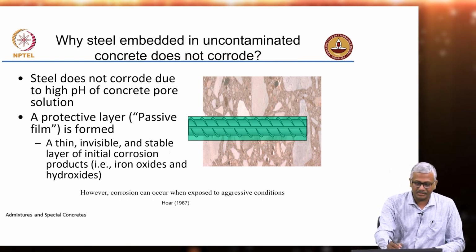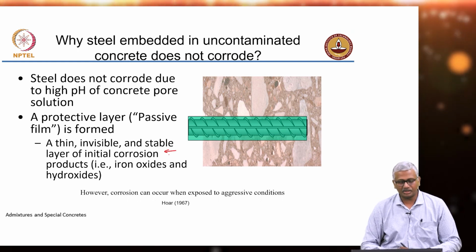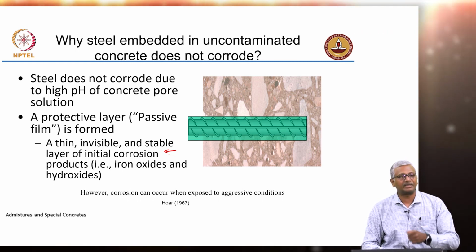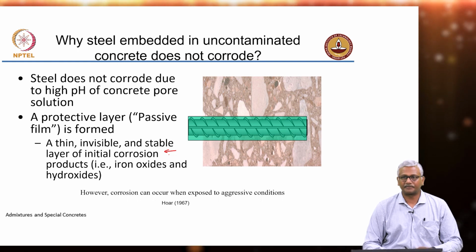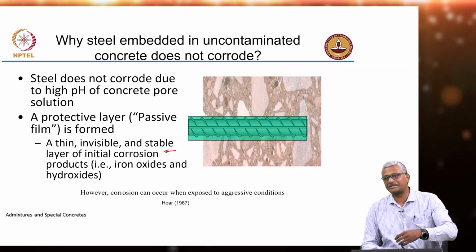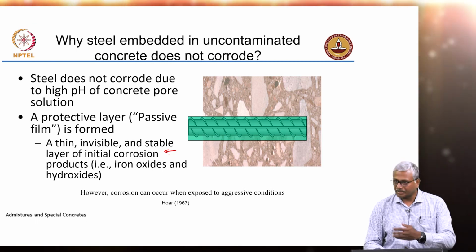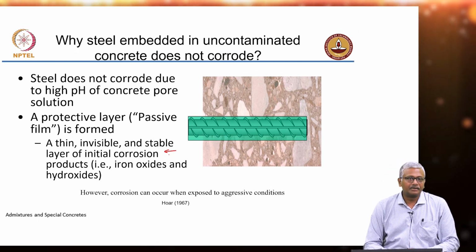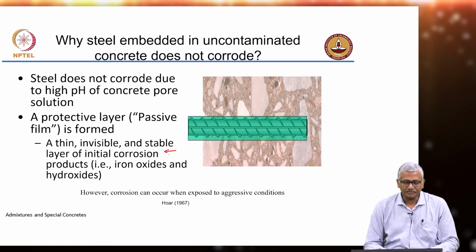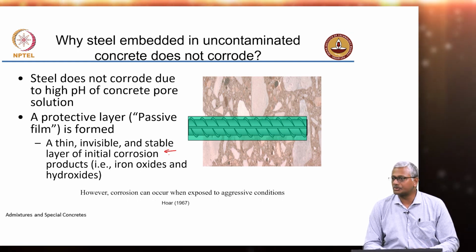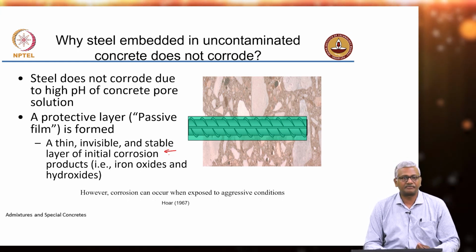So, this thin, invisible and stable layer of initial corrosion products forms on the steel surface as soon as you embed that in an alkaline medium such as concrete. Of course, this layer may take some time to develop, but that is what happens initially to the steel as it comes into contact with the highly alkaline environment of the concrete. So, high pH of the concrete pore solution leads to the formation of the stable passive layer.